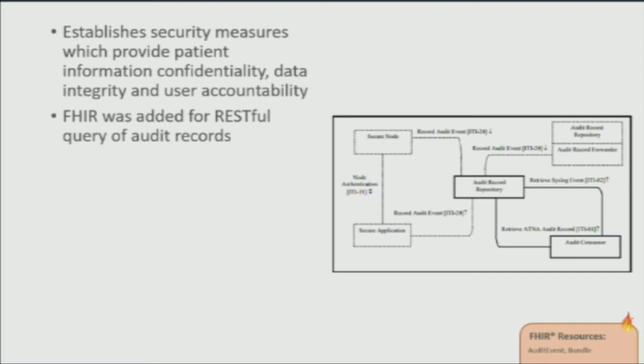ATNA is another long-standing profile in IHE, audit trail and node authentication. It is intended to deal with the security of any system, saying, hey, make sure that you don't talk to anybody that you haven't authenticated and isn't authorized to talk to you. That's the node authentication. There's a couple of flavors in there. One of them is very much the HTTPS that FHIR uses.